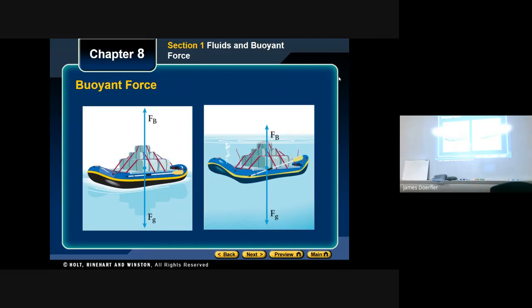It's an air-filled raft, much like a whitewater raft. As you see on the left, the magnitude of the buoyant force, as well as the fluid that it's displacing, is allowing it to sit on top. But here we see that the buoyant force has shrunk. What do you think is happening?